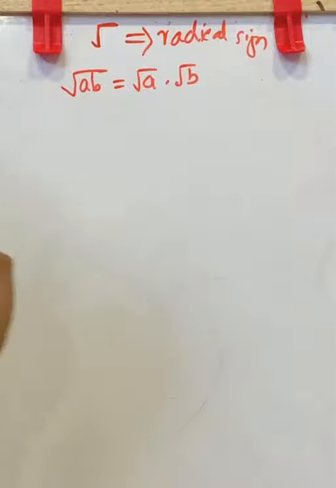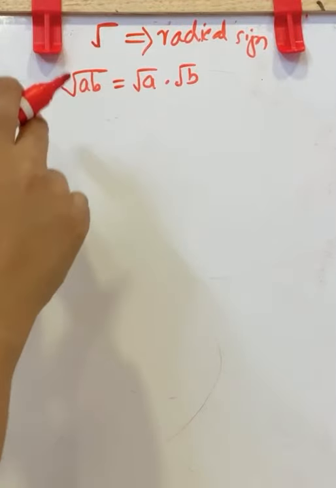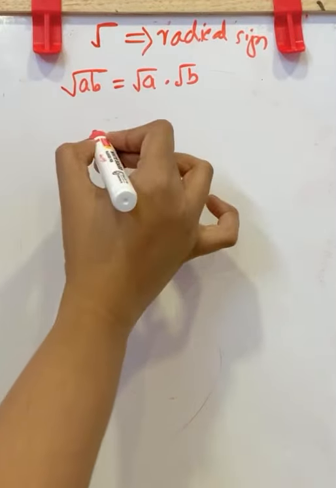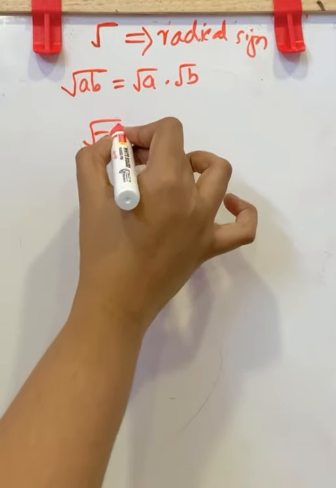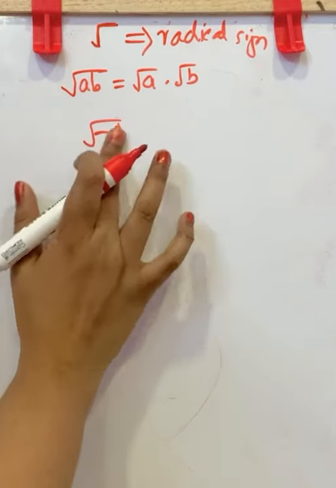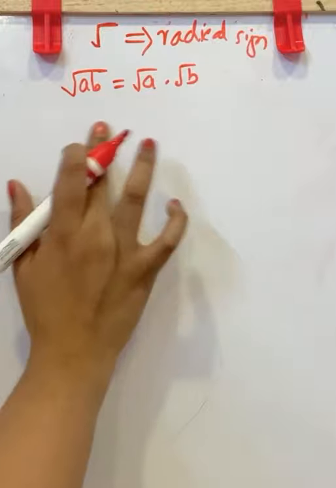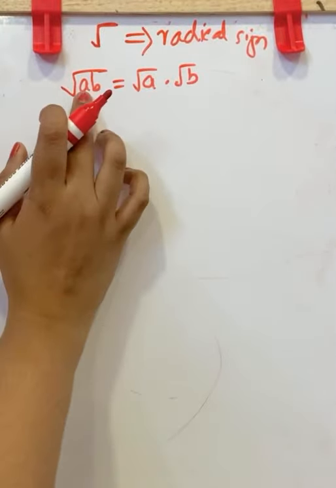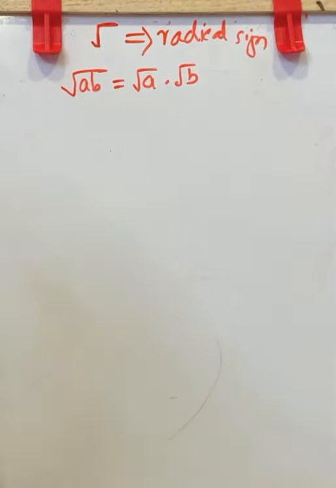You are not taking negative reals inside the root because root of negative AB is not a real number. Actually this is a complex number that we will study later. So here only consider positive numbers.